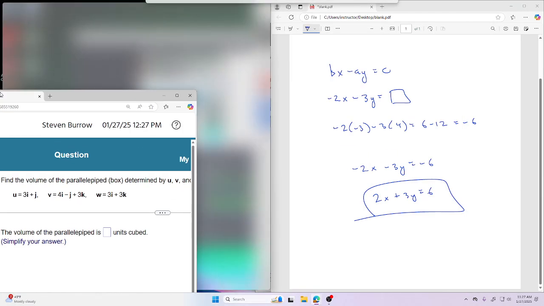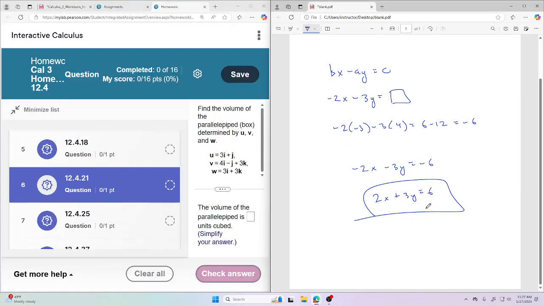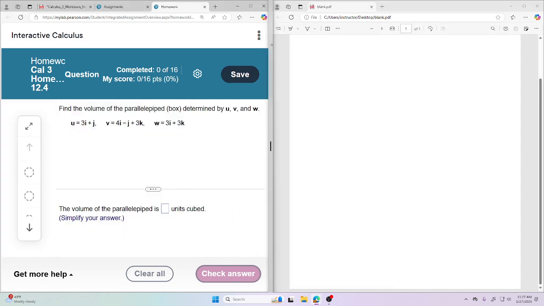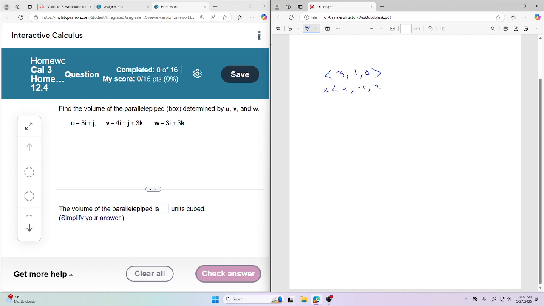Now let's do that. If I still have Desmos Scientific, it should be pretty fast actually. I don't think it matters which one you pick first, second, or third. So I'm just going to roll with whatever I see. So 3, 1, 0, cross 4, -1, 3. And then dot 3, 0, 3.